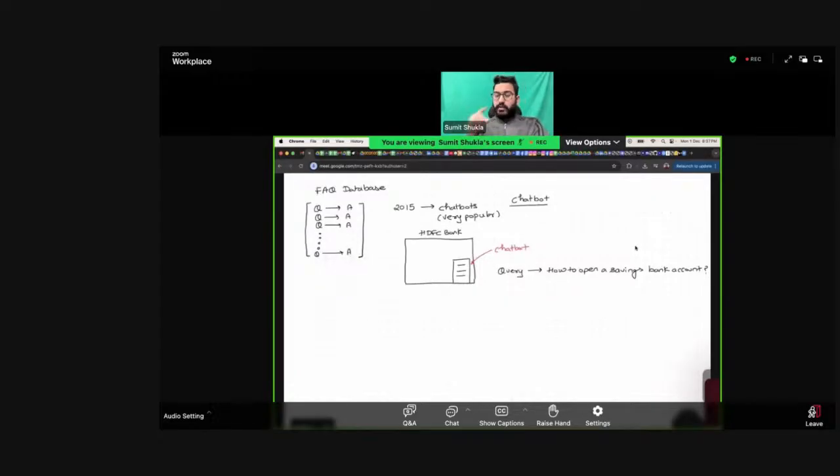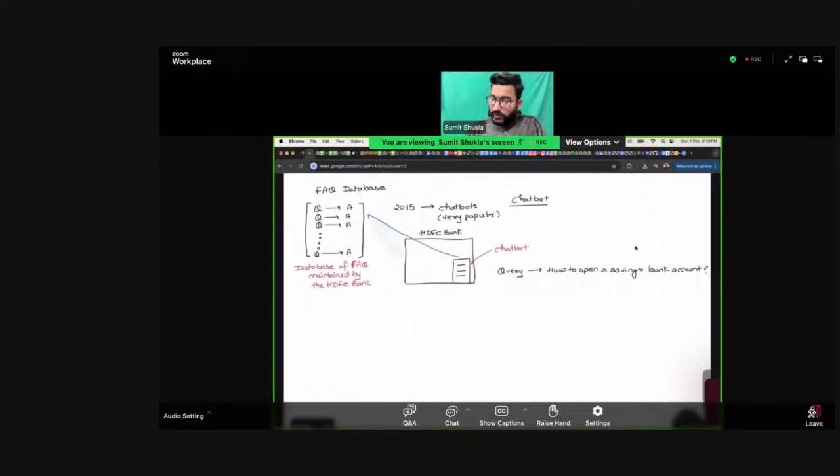So in this FAQ database, which HDFC Bank would have maintained for a long time, the database of frequently asked questions maintained by the HDFC Bank.